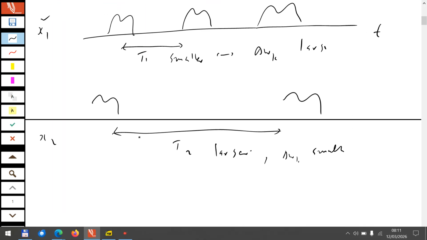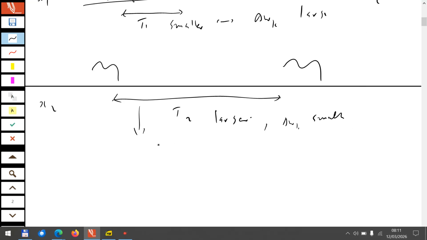So now what if I push this to extreme? Can you give me an extreme case for this time period? How large can it be in the extreme case? In the limit, what if I allow this T to go to infinity, right?